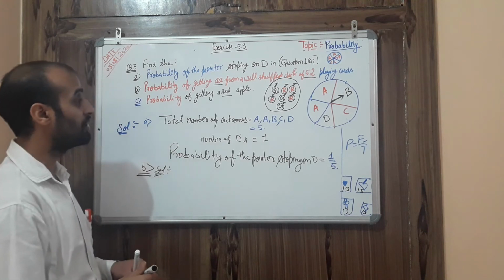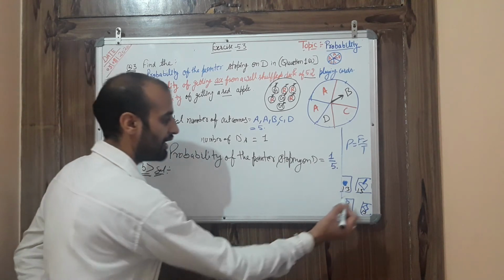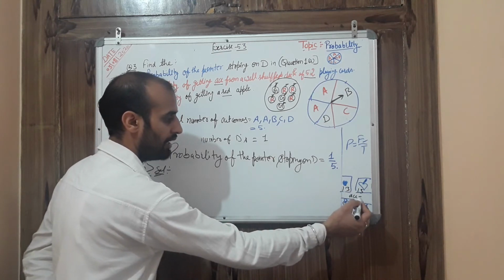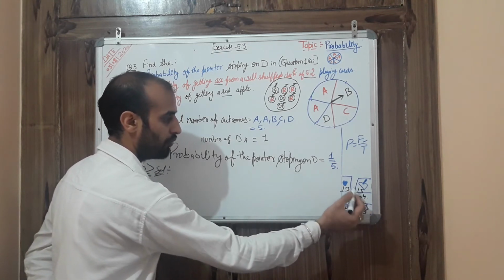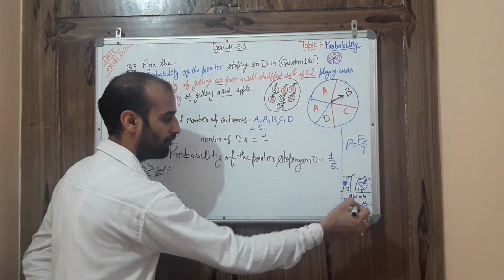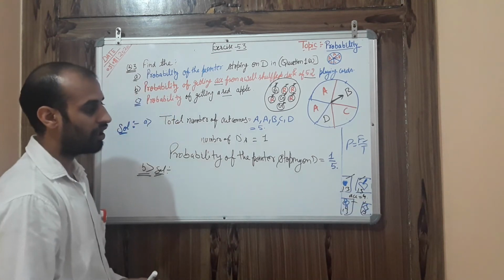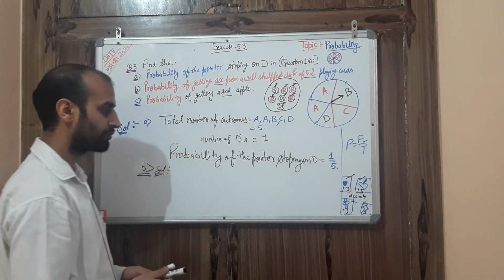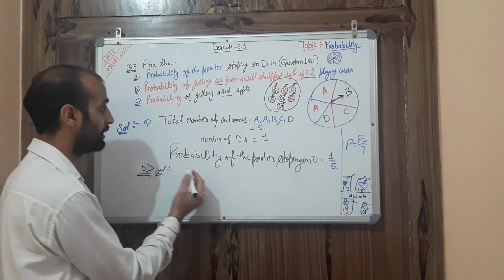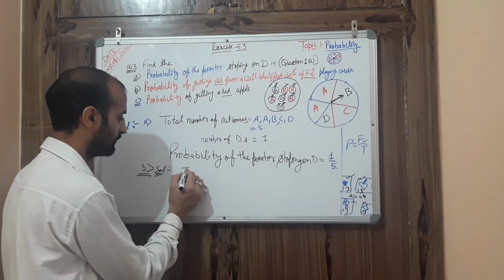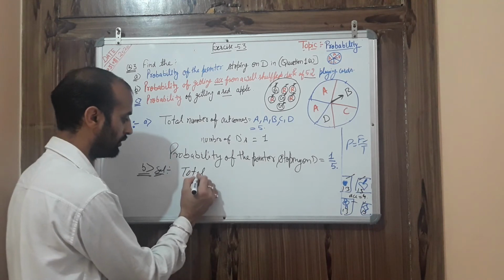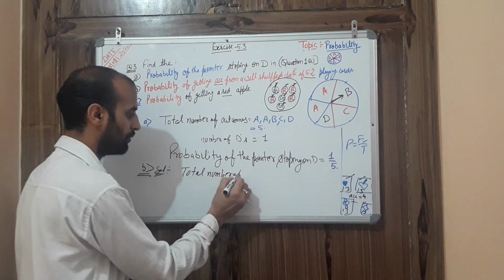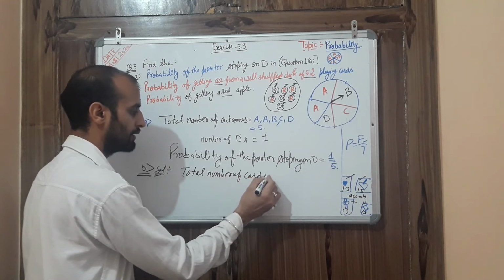So the question is, what are aces? Each type has 1 ace, so 1 from here, 1, 1, 1. Because in every category there is 1 ace, total aces are 4. So first I need to write the total number of cards.